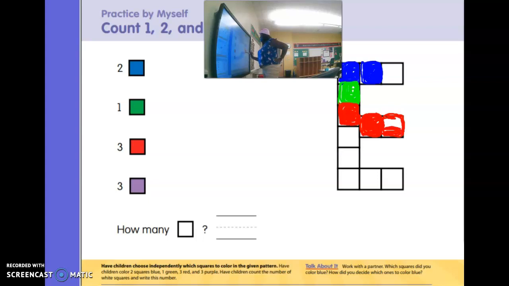Y'all doing good with y'all coloring. Okay, now it said we need 3 purples. And feel free to pause while y'all do this.